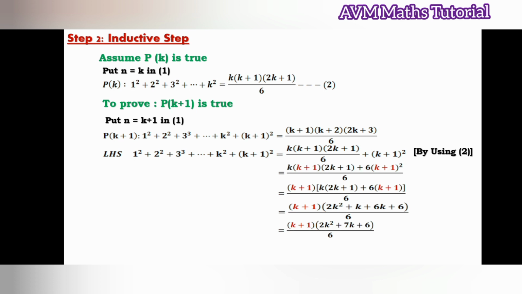Therefore we factorize it, and we get (k+2)(2k+3) times the first term (k+1). Therefore the answer is (k+1)(k+2)(2k+3) divided by 6, which is the RHS of P(k+1).